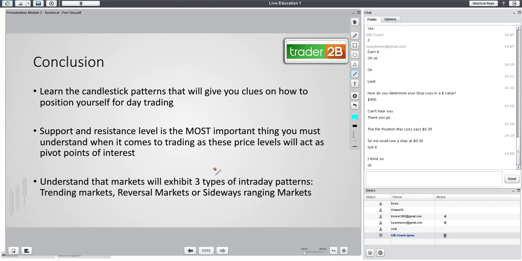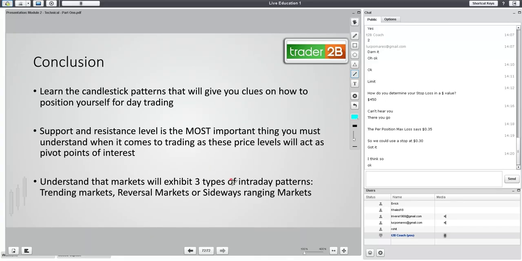Okay, so understand how to identify levels using highs and lows, and how to identify levels using gaps. We'll talk about identifying levels using Fibonaccis, and we'll also talk about identifying levels on various time frames, right?